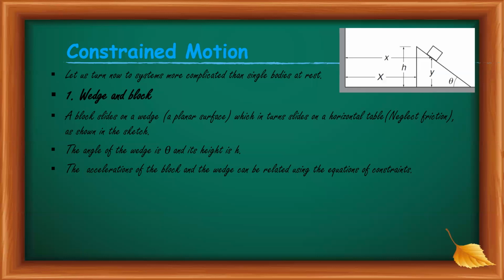So there must be two motions, one of the wedge and the other of the block. So our aim is to relate the acceleration of the block and the acceleration of the wedge.